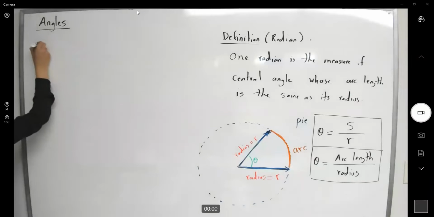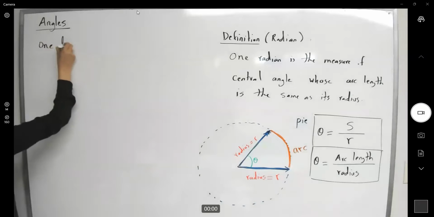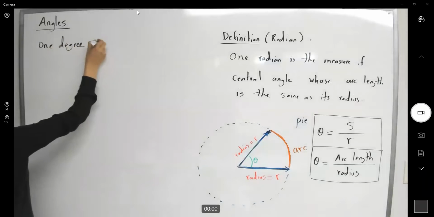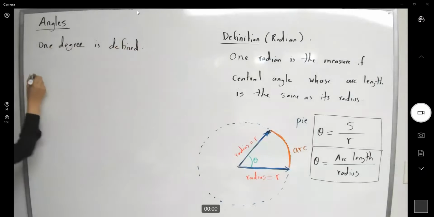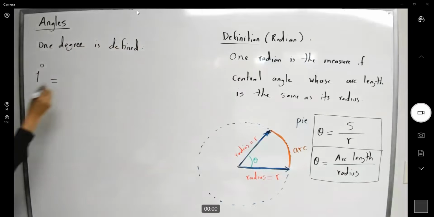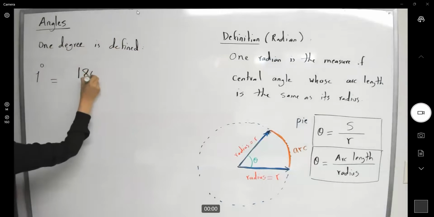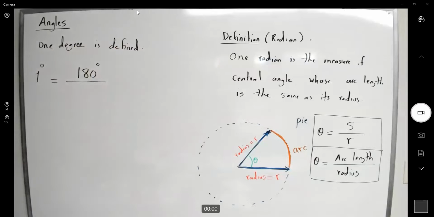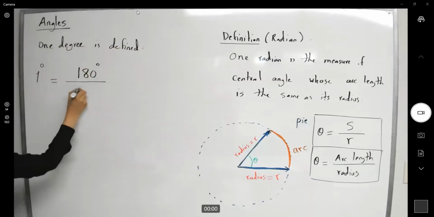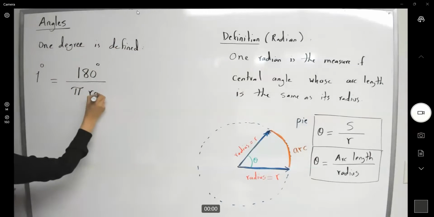Now, 1 degree. To define 1 degree, you write down 1 degree is equal to 180 degrees divided by pi radian.